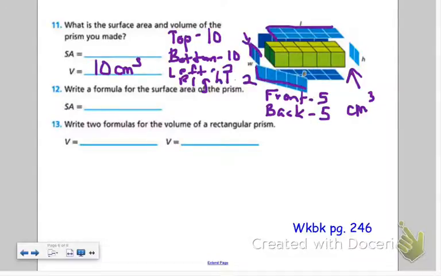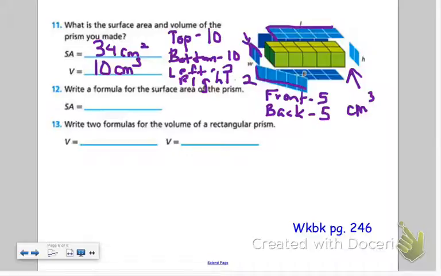So if I put them all together, the area of the top, bottom, left, right, front, and back, I'm going to have a surface area of 34 square centimeters. So you can see the difference between surface area and volume. The numbers are very different.